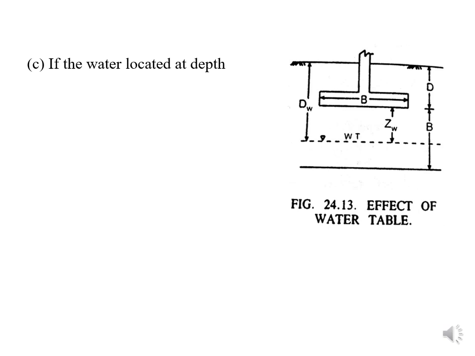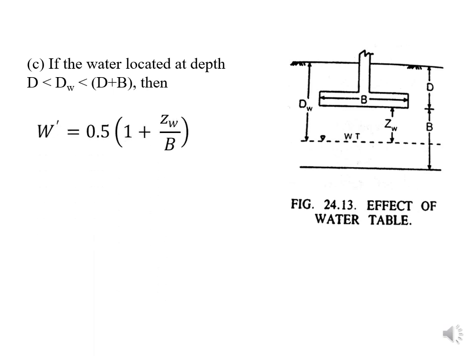Now we can see here, if the water table is at depth dW, that is, if the water table exists below the base of the footing, in that case this formula is similar to the Terzaghi formula. The effect of water table on the bearing capacity of soil we have also discussed in the Terzaghi theory. Here, how can we calculate W dash?